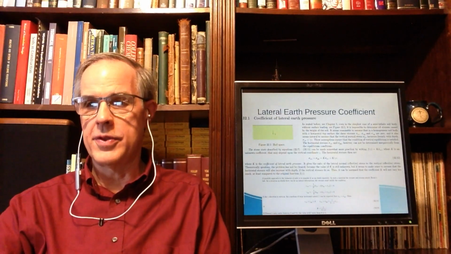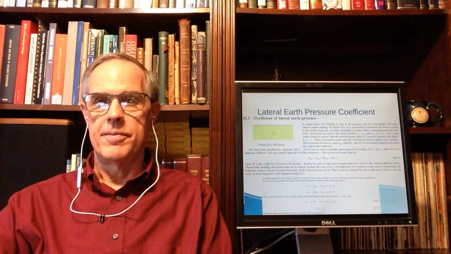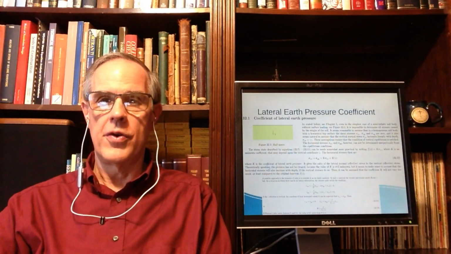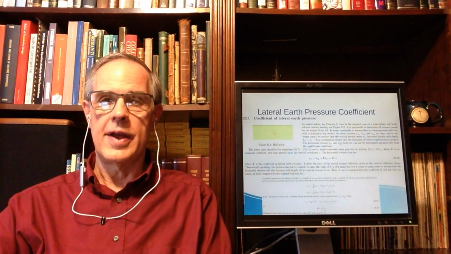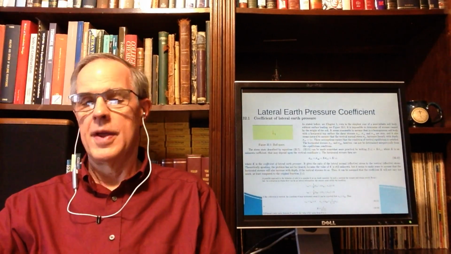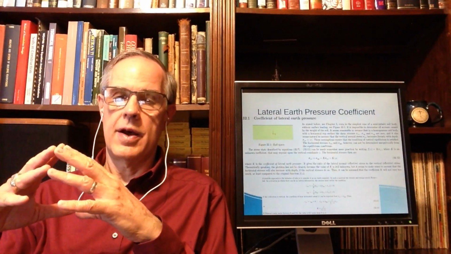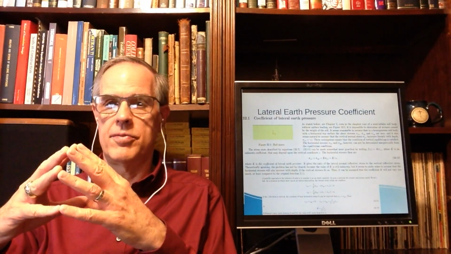Okay, let's start with the coefficient of lateral earth pressures. And this is all taken out of Verroy, and you can read it again in Verroy. But basically, the idea is very simple. We talked about the vertical stresses.